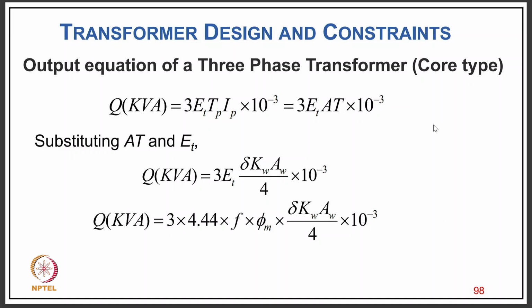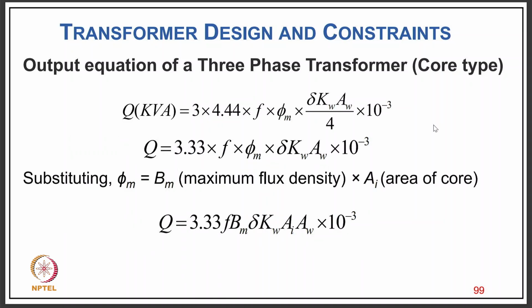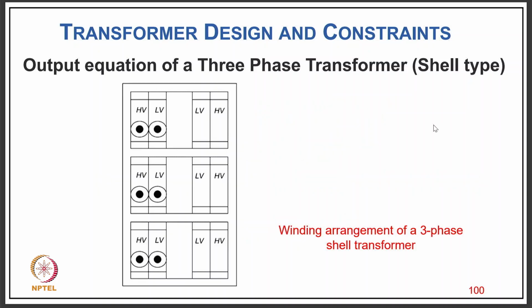So now Q equal to 3 into 4.44 into f into phi m sigma Kw Aw by 4 into 10 power minus 3, and finally Q becomes 3.33 f phi m sigma Kw Aw into 10 power minus 3. Putting the value of phi m, which is Bm into Ai, Q becomes 3.33 f Bm sigma Kw Ai Aw into 10 power minus 3. This is the output equation of the three phase core type transformer.